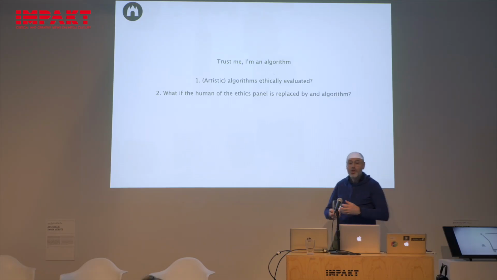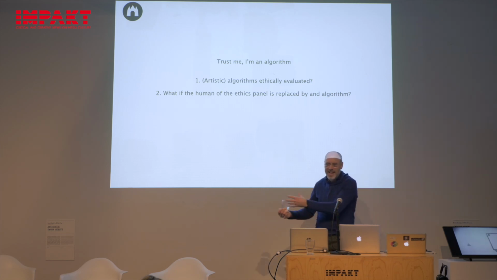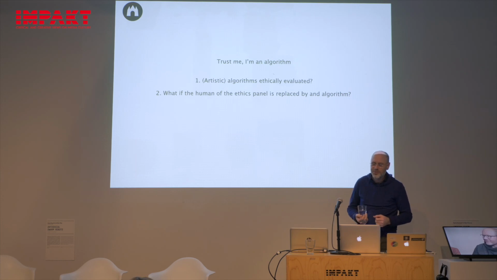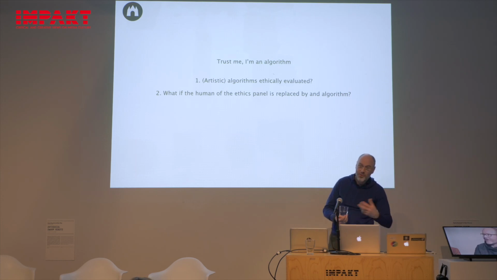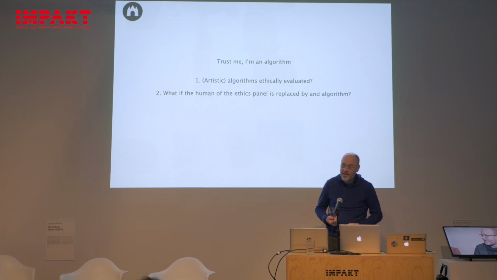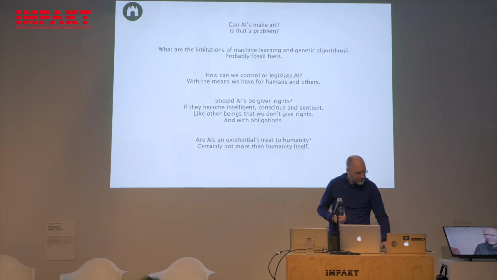And even what if you turn that around? If you would say it's not human agents as ethicists at the panel that are going to evaluate whether something is right or wrong or what is the matter with it, but what if it be an algorithm?